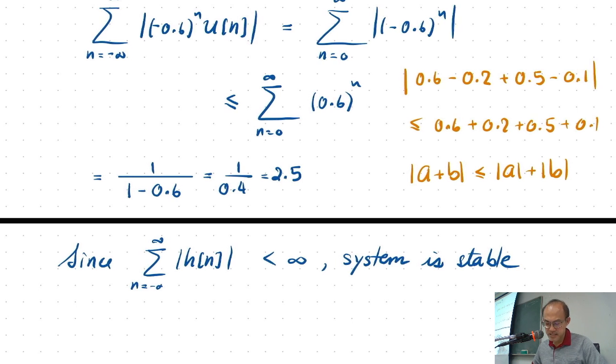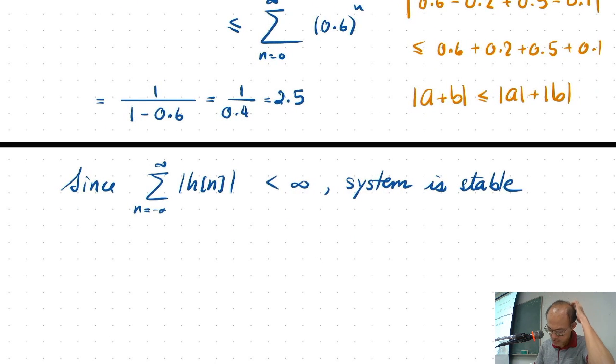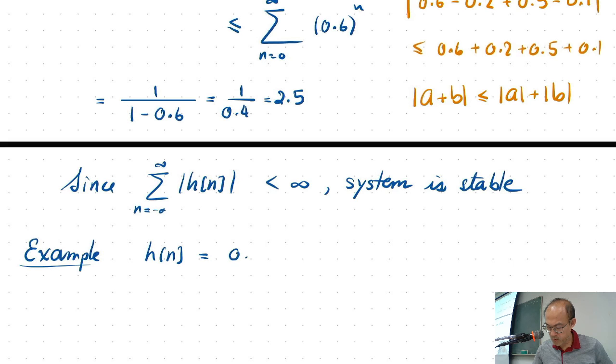In fact, what about this? If I have h[n] equal to 0.1^n u[n] plus 0.2^n u[n], can you determine whether this system is stable or not?